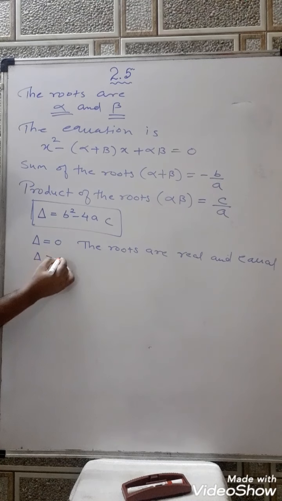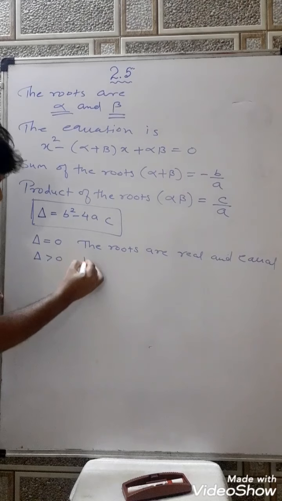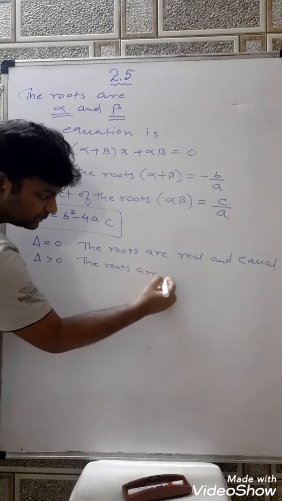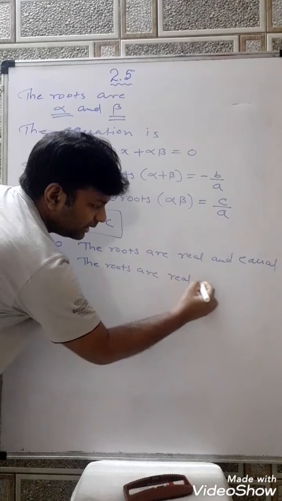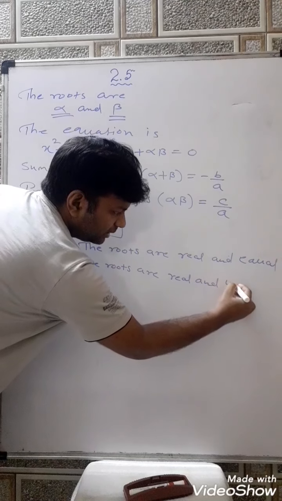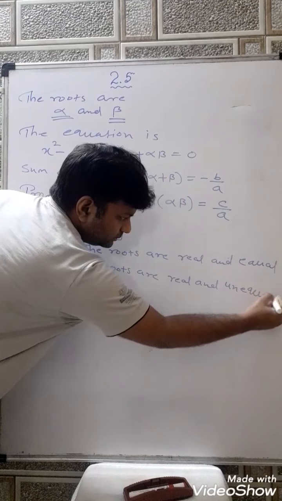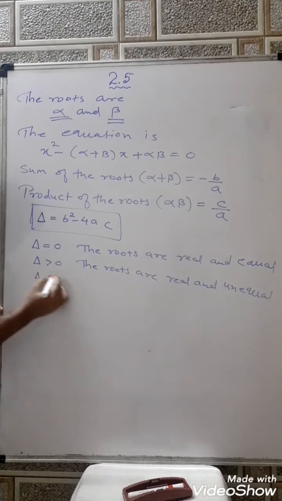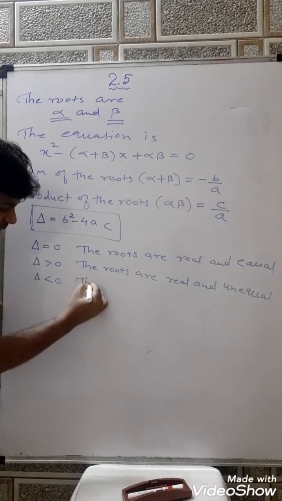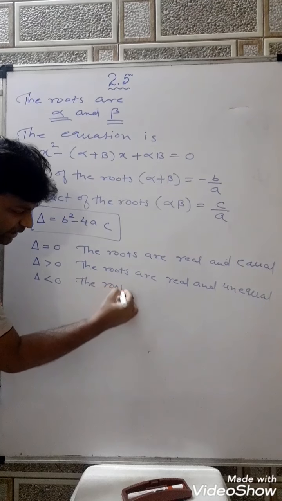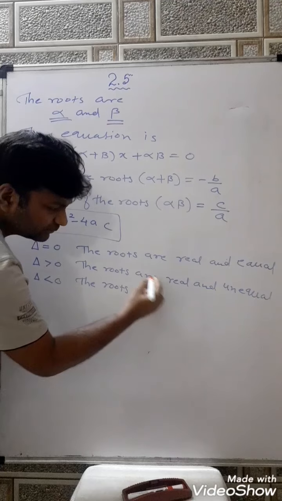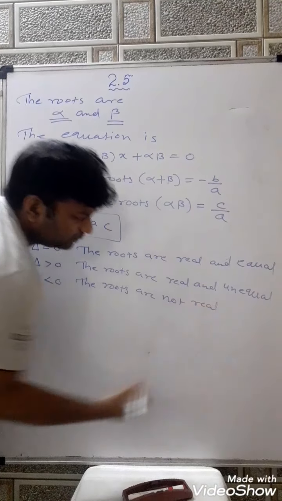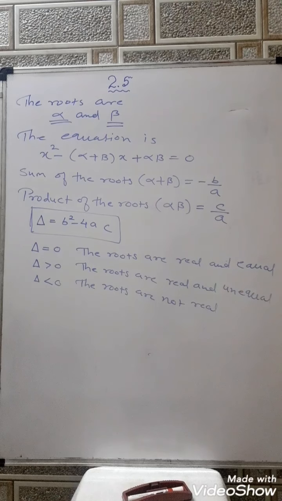When the discriminant is greater than 0, the roots are real and unequal. When the discriminant is less than 0, the roots are not real. These are the basic rules.